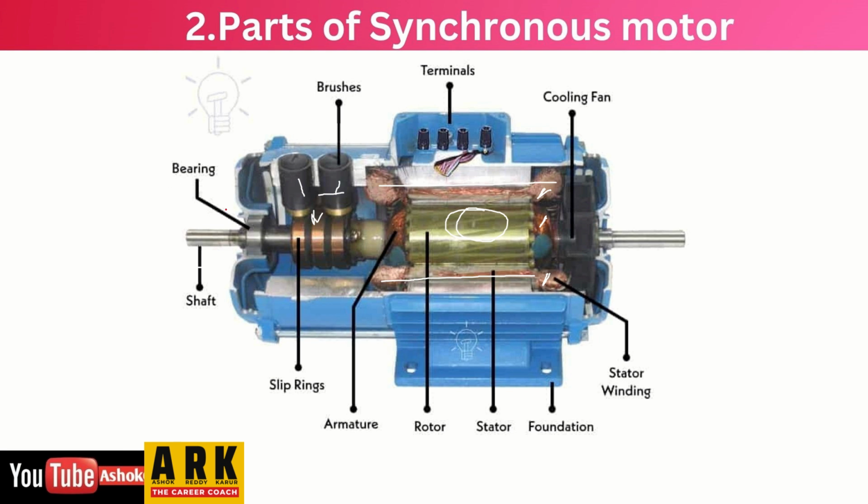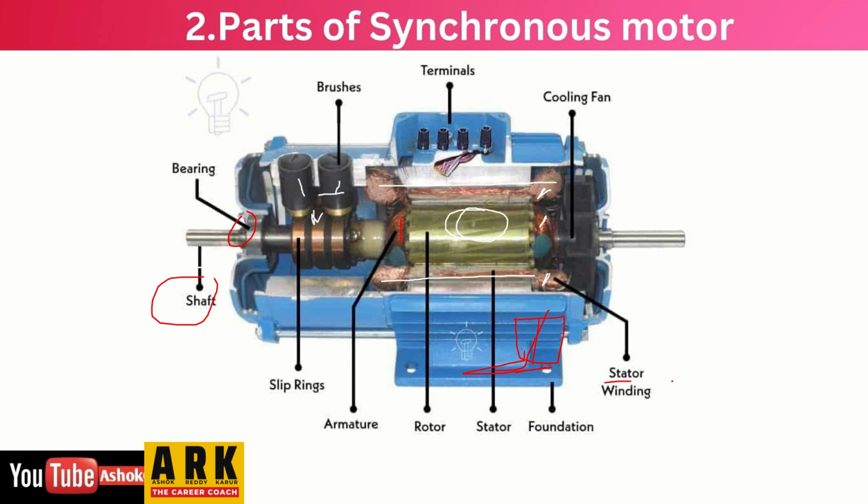This is the bearing and we have one shaft, and the slip rings I already told you. This is the armature, and this is the rotor and stator, and this is the foundation, the basement of the motor, which will be static.